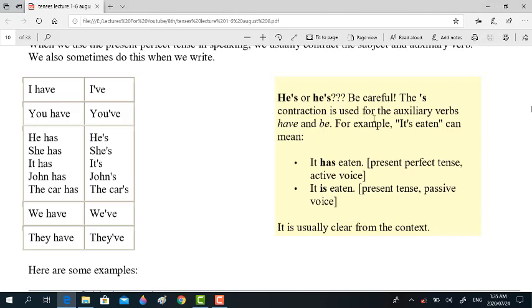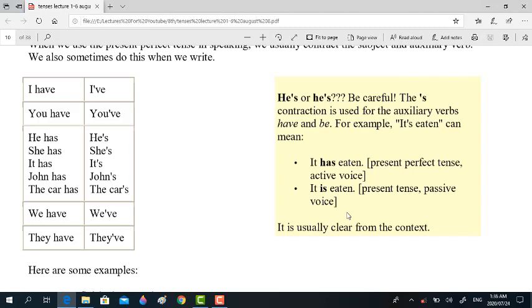It is also equal to is or am, right? For example, it's eaten can mean it has eaten in case of present perfect tense active voice, and it is eaten, present tense passive voice. So be careful while using such contractions, because it can be either the present perfect or the simple present, right?